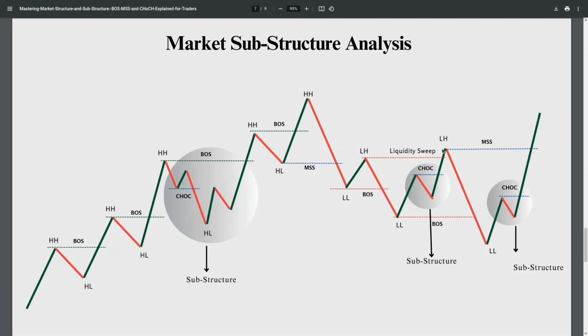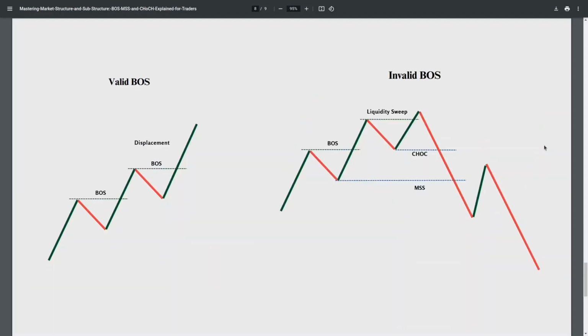From this point, price has to move swiftly and break this major high. You see, this break is a valid market structure shift. We are now saying that we are moving back to an uptrend. So this is how market structure works and how you can use it to maximize your trading.